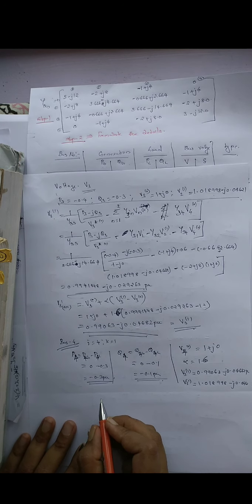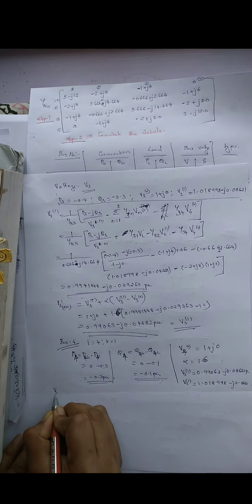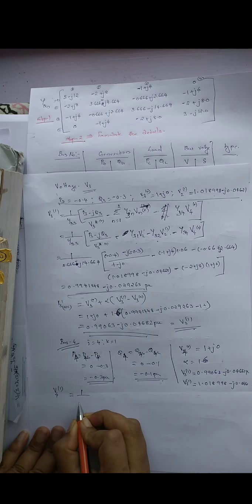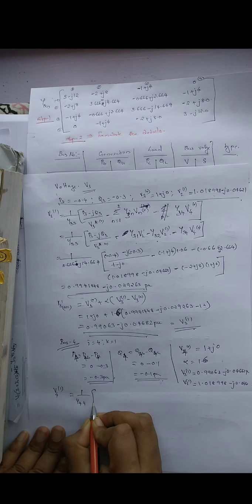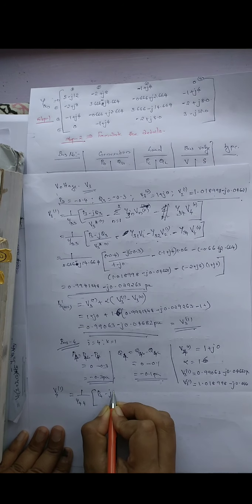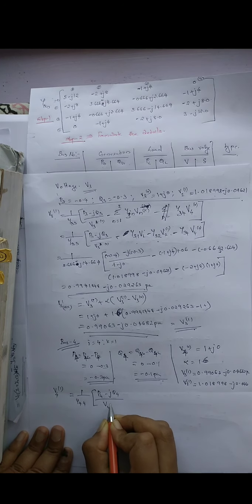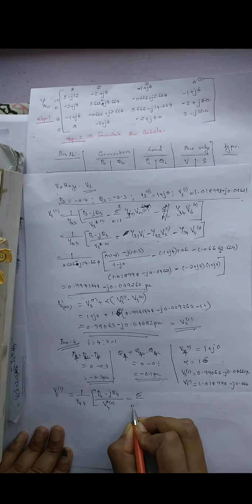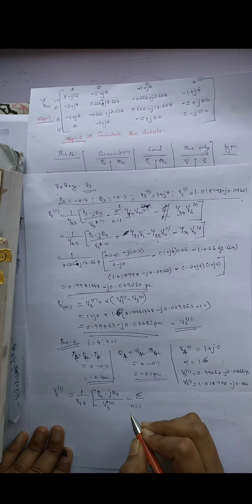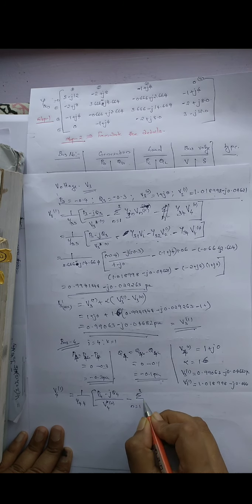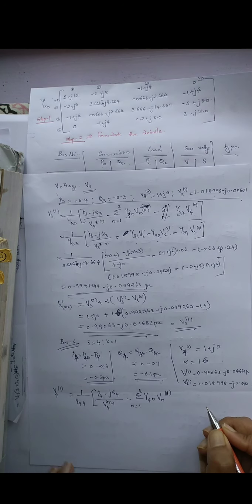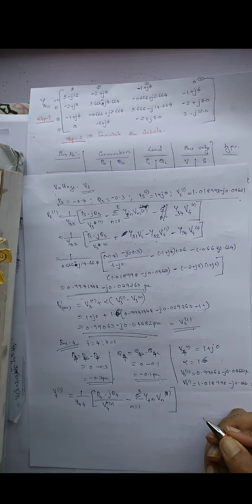So again I am writing my equation. I have to find out V4 of first iteration. So that is 1 by y44 into P4 minus jQ4 divided by V4 conjugate minus sigma, n is equal to 1 to I minus 1. So n is equal to 1 to 3, y4n Vn, that all are present iteration or first iteration values, and we don't have the other terms.